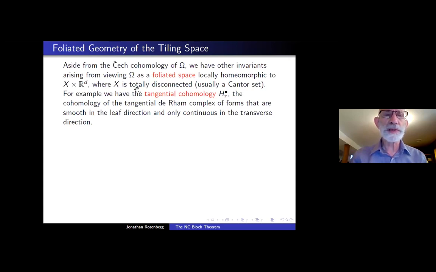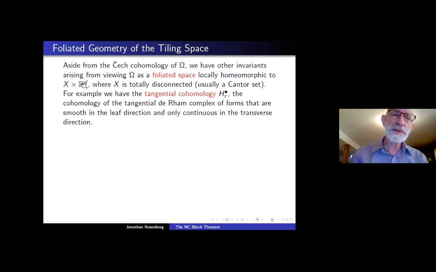So X is just like a little patch of that N. From the action of R to the d on the second factor, you have the foliation, and we have an invariant called the tangential cohomology, which is the cohomology of the tangential de Rham complex.